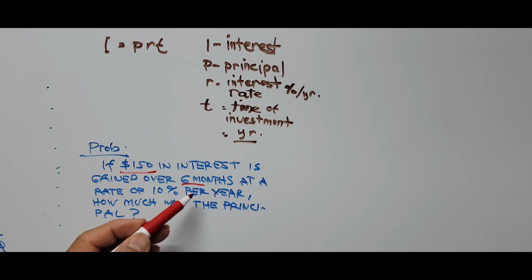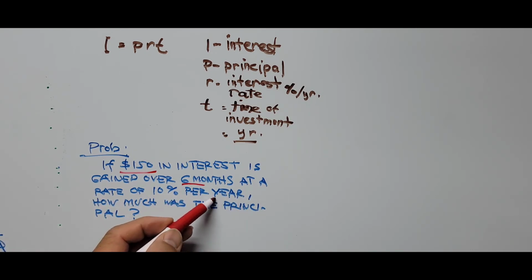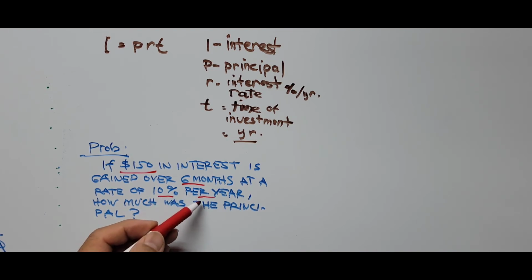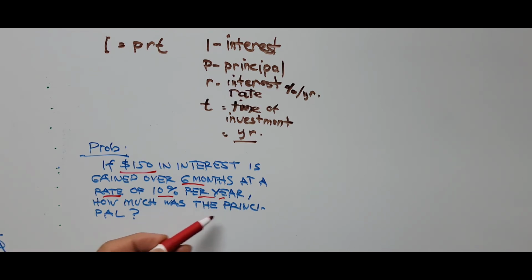This is the time, and the rate is 10% per year, so the unit is percent per year. That's the rate, the interest rate of the investment, and what's being asked is the principal, that means the money invested, for example a deposit in the bank. So we're trying to find the value of the principal.